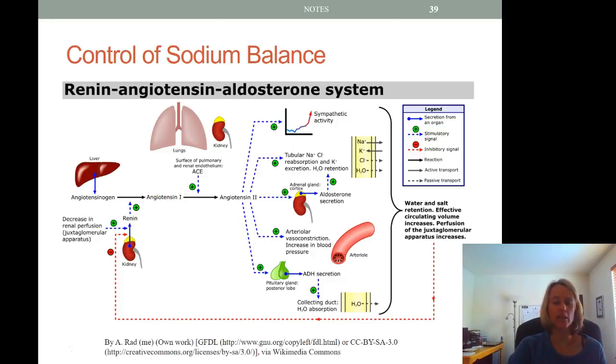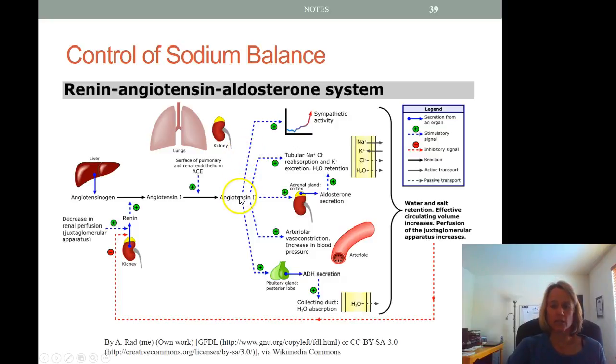Angiotensin 1 circulates in the blood, and as it goes through the lungs, the pulmonary endothelium releases an enzyme called angiotensin converting enzyme. And this enzyme converts angiotensin 1 into angiotensin 2.